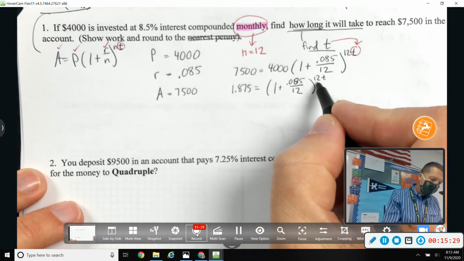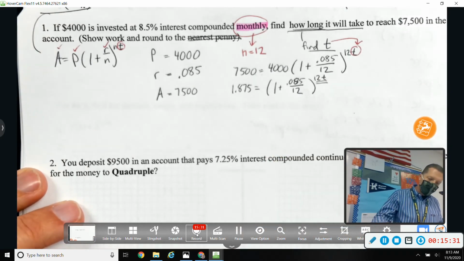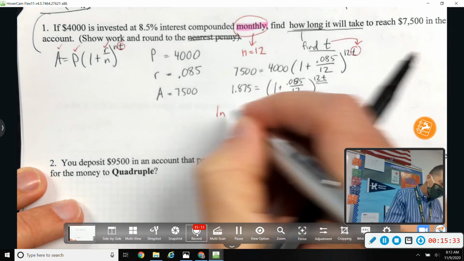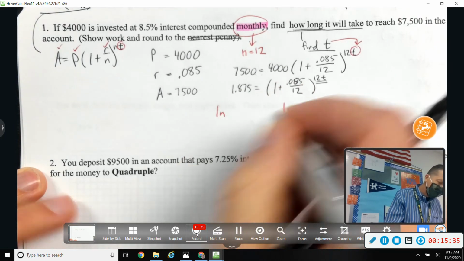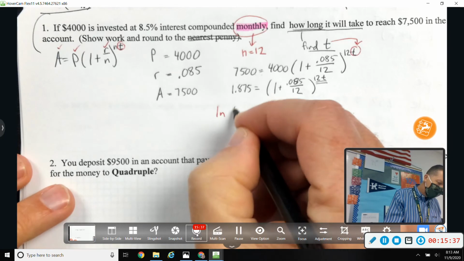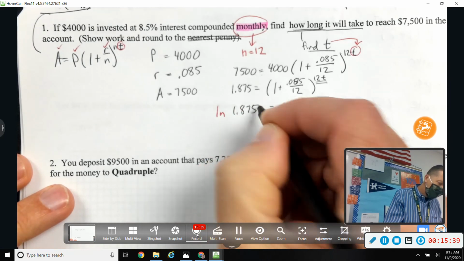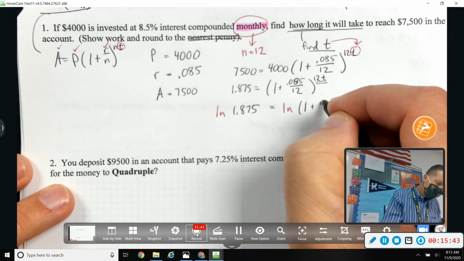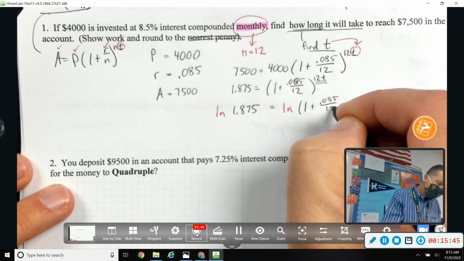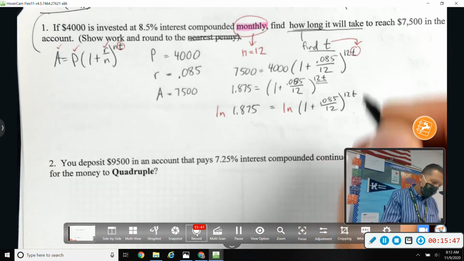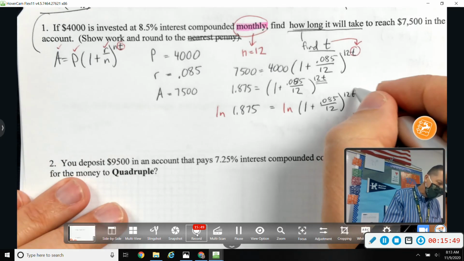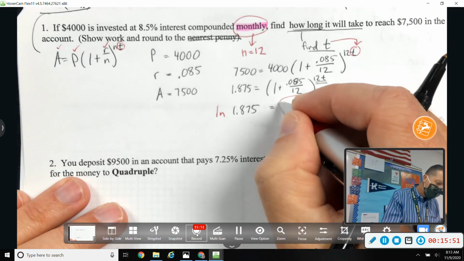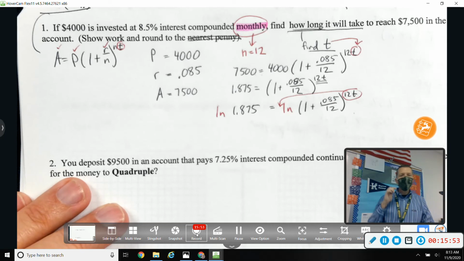Let's see, I've got a variable in the exponent, so I will log both sides, or natural log both sides, either one. And the reason we do that is to get that 12t down to the front.